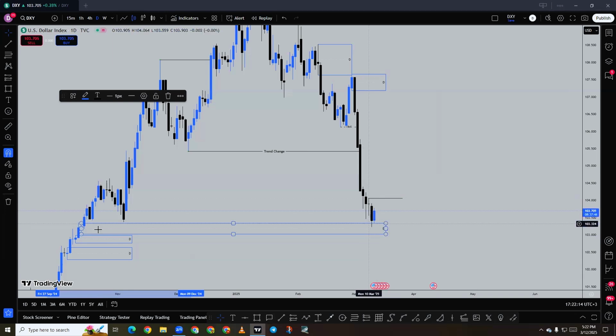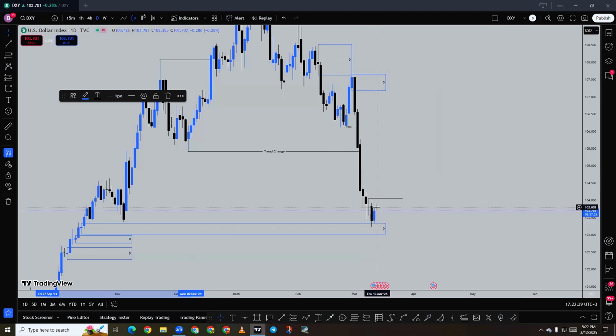But now price has tapped into a demand zone and then flipped. The demand is flipping that supply. That tells me that is a strong zone that we can confidently trade from.